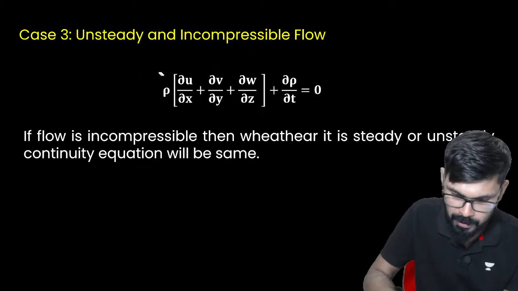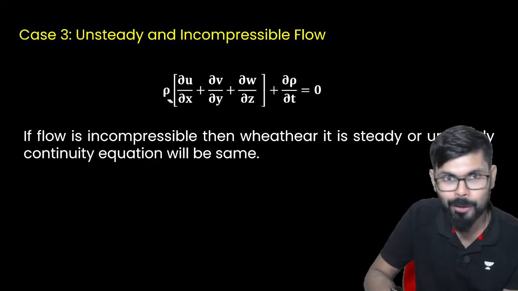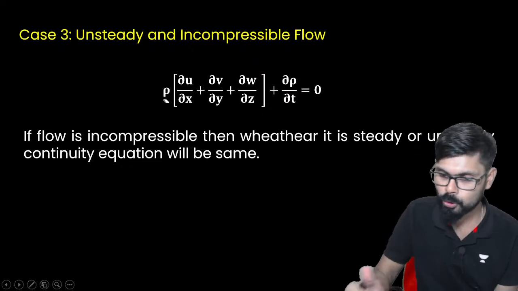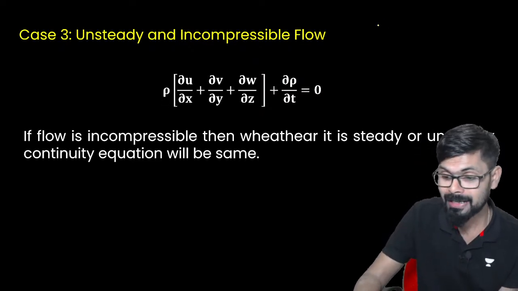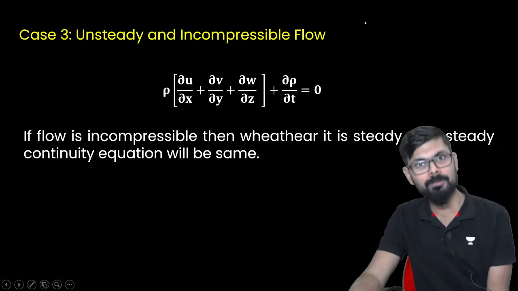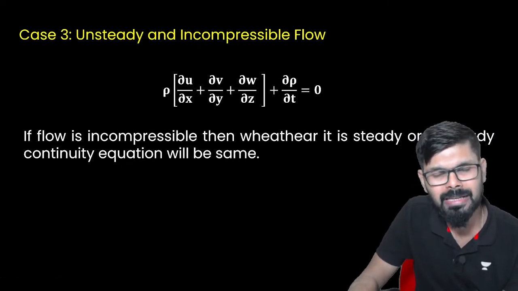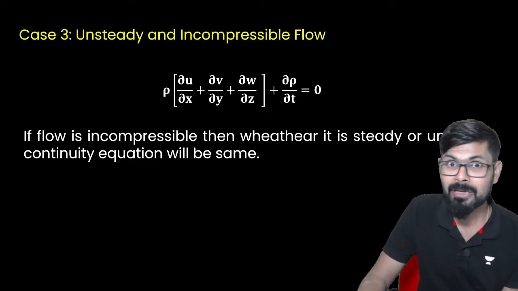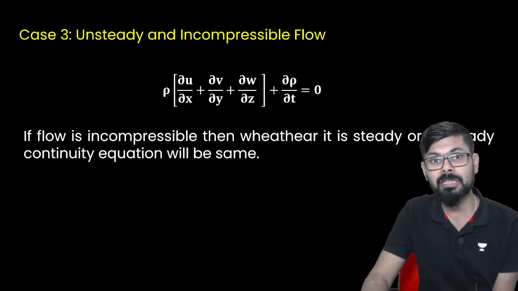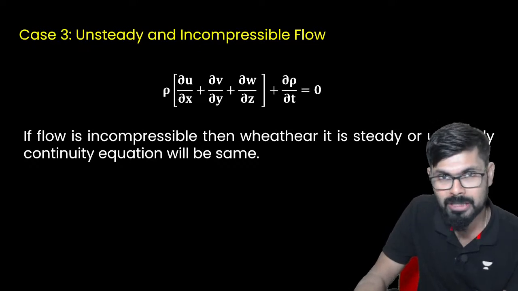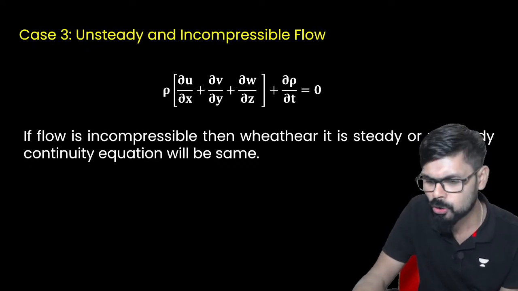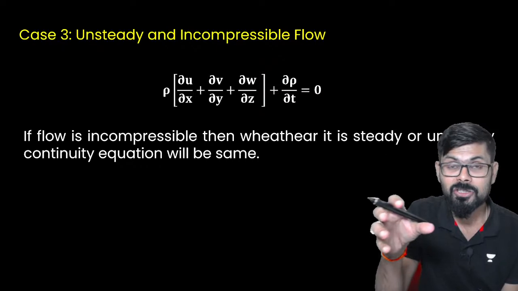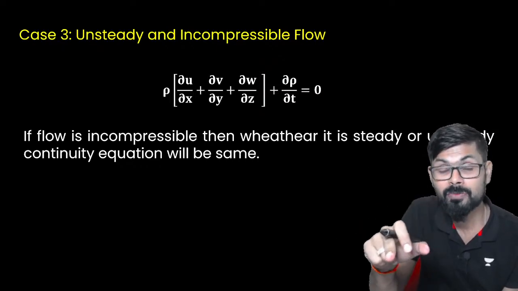See here, in this one also rho value is going to be common, and rho does not depend upon time as well as space, because when I say the fluid is incompressible and you apply pressure, then volume is not going to change. Density is also not changing, not only with respect to space but with respect to time also.